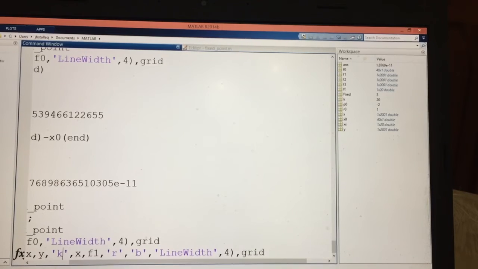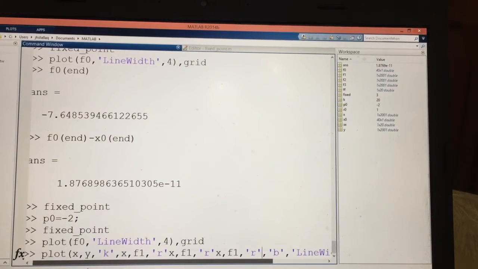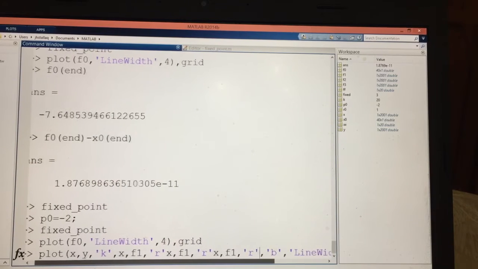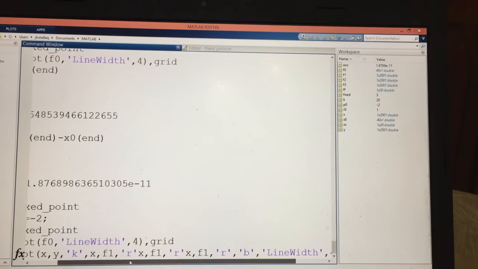XY is the same. Let's just copy this one. Delete. Insert. So the linear function, y, is black, F1 is red.